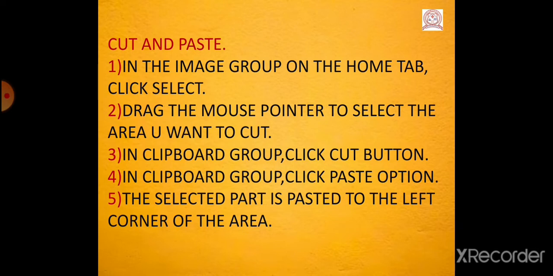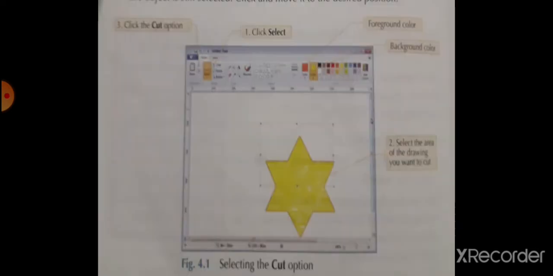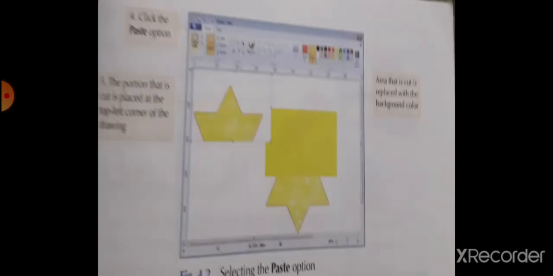Notice that the object is still selected. Click and move it to the desired position. Means when we paste, the drawing is not yet over, it is still selected, so we can click and move it to the desired position. See here, it is first cut down. The part of the star is selected and it is cut down.